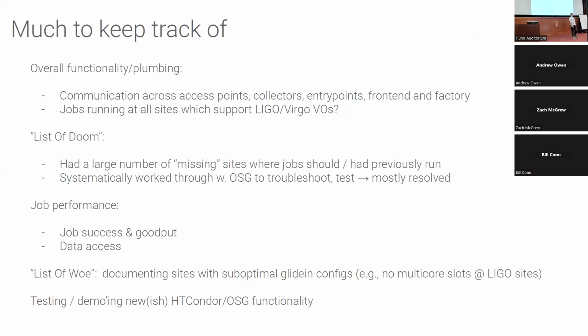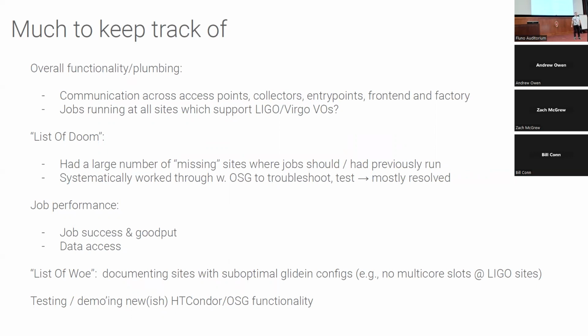So that's a lot to keep track of. There's a lot of things that can go wrong. The things to keep track of might involve the overall functionality, plumbing, access points, talking to central managers, basically our jobs running at sites which we think should be running our jobs. Case in point, maybe a year and a half, maybe even 2 years ago now, I started systematically going through places where I thought jobs should be running, and found that there was a pretty vast number of places where they were not, and we had some evidence to think that they should be.